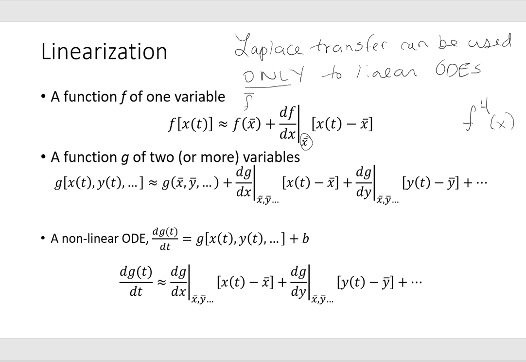Additionally, we can carry out this operation in the case that we have a function of 2 or more variables. So in this case, we have 2 or more variables showing up in this function. It's nonlinear, we can actually just conduct the exact same process on each variable. So we'd have the initial steady state condition, just as we had in the one variable form.